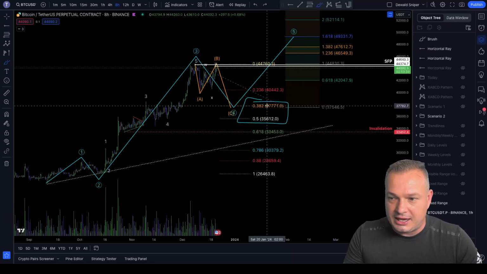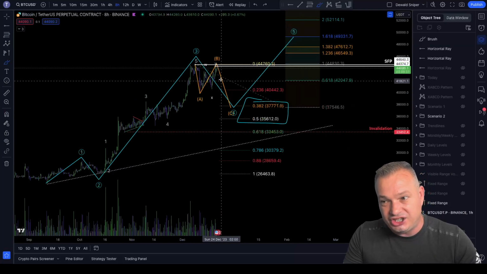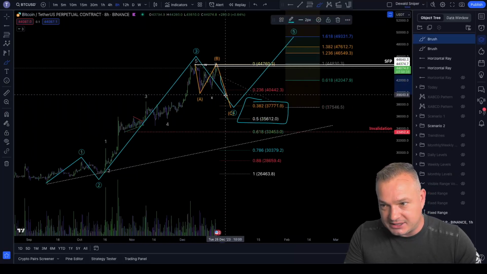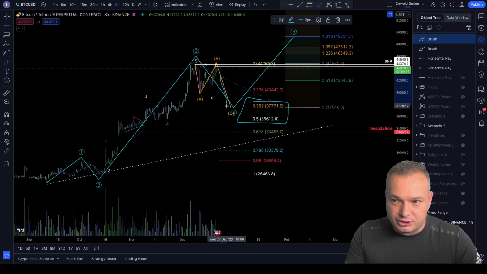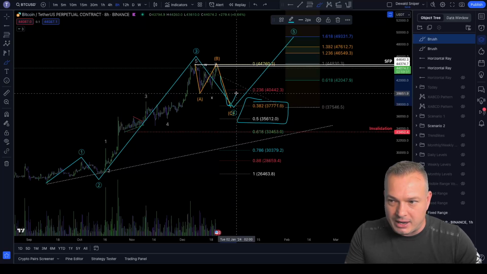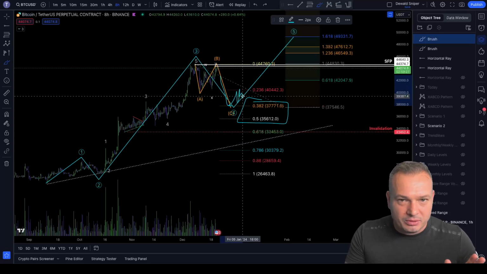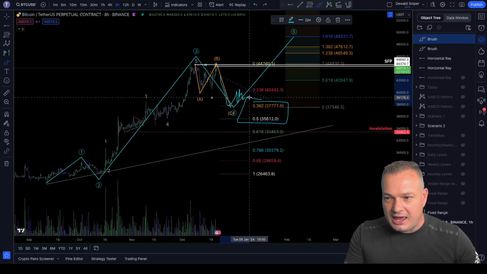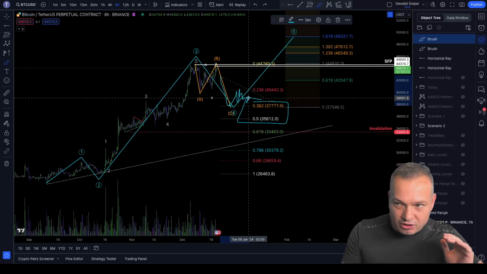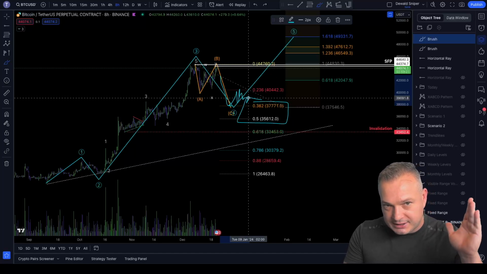So from an education perspective, 50% to 0.382. What I have seen in the past, generally speaking, when a C wave comes down here, it likes to first react with this 0.382 for a bounce. Okay, and then it consolidates. You trade the range, top of the range, bottom, it creates a little range, and before it moves, you have that lift off, the Elon Musk rocket to the moon.